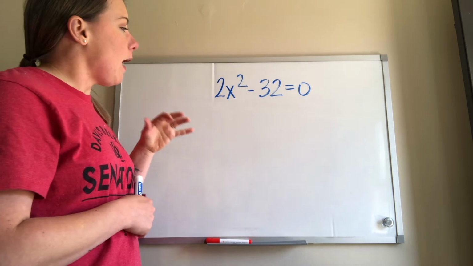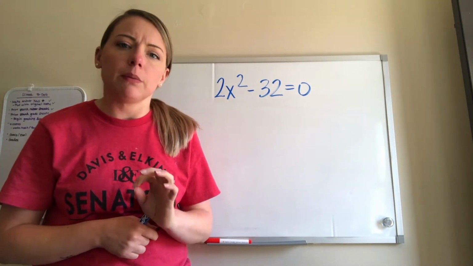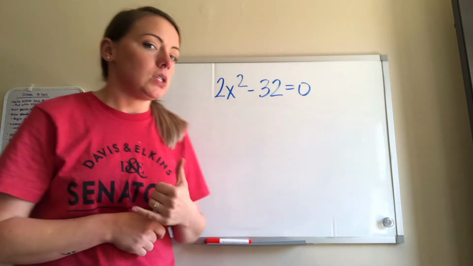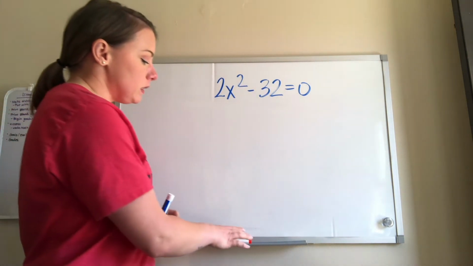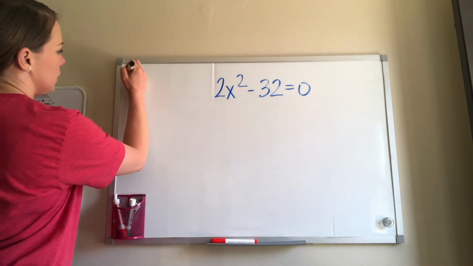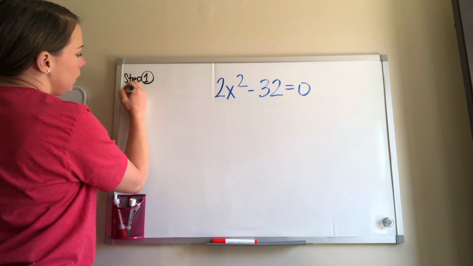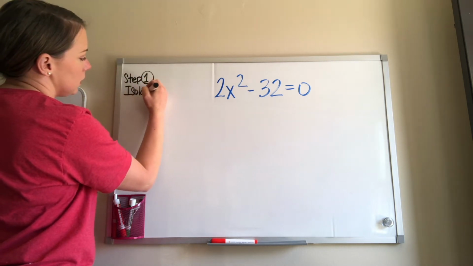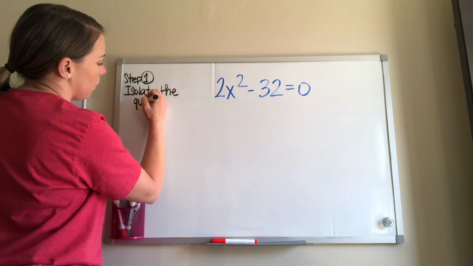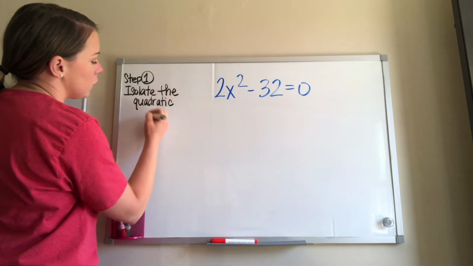I'm giving you this equation, and I want you at some point to be able to use a square root to find the two solutions. My very first step, step one, is to isolate the quadratic term.